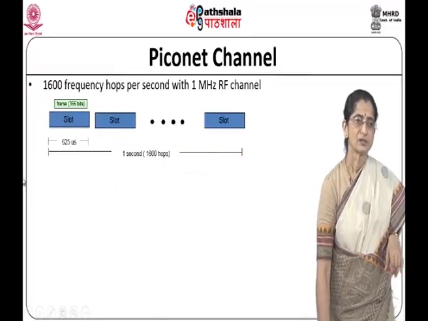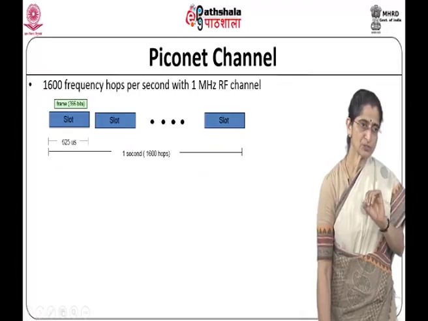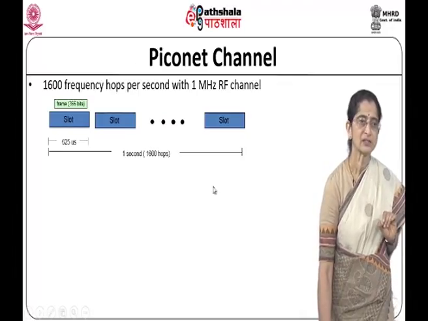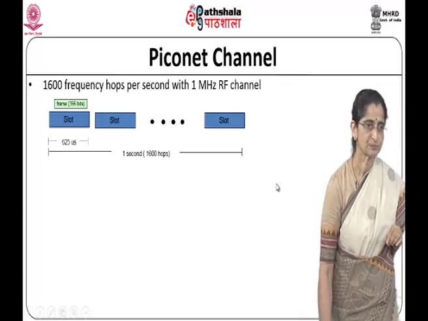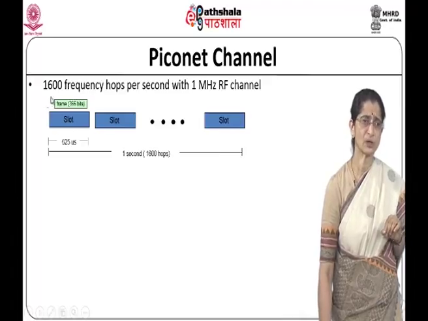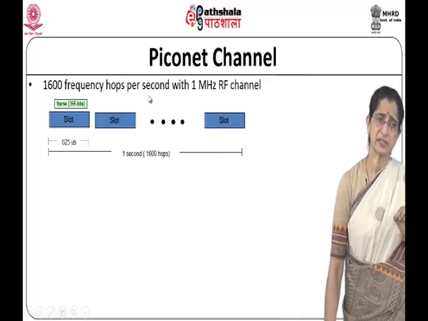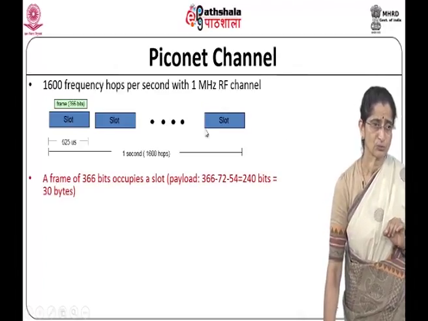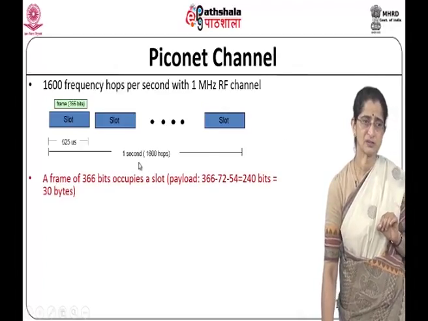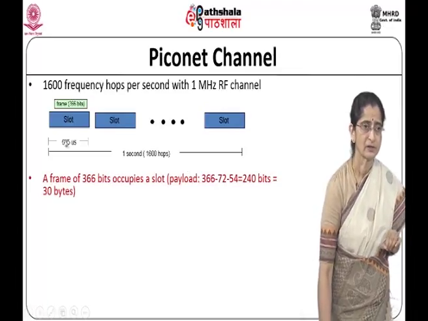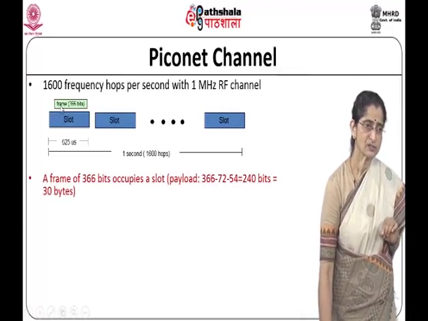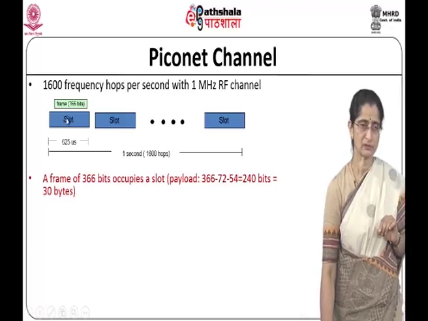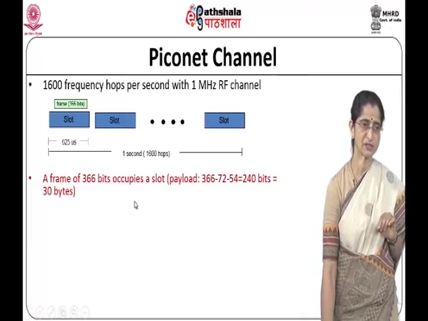Okay. So the whole piconet channel, we said it's divided into slots, right? So let's look at how this channel is used. As we said, 1600 frequency hops are done per second with a 1 megahertz RF channel, right? So in 1 second you will have 1600 hops. Okay. Now each frame that you have will consist of about 366 bits.